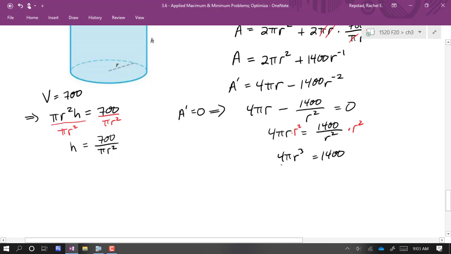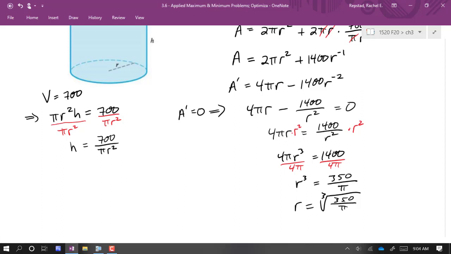So let's go ahead and do that. Let's see, 4 goes into 1400 350 times. So this is 350 over pi. So r is the cube root of 350 over pi. We found just one critical value.